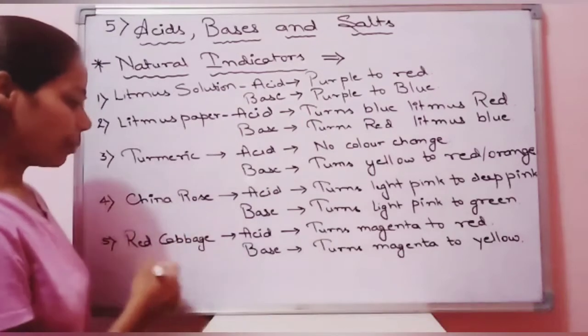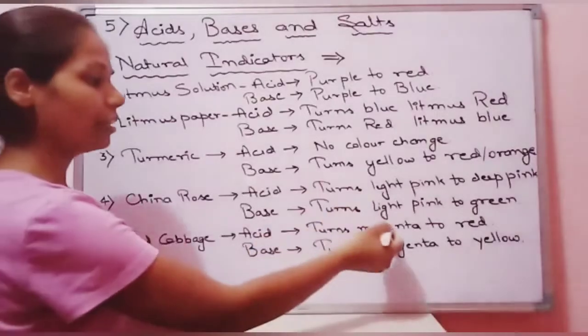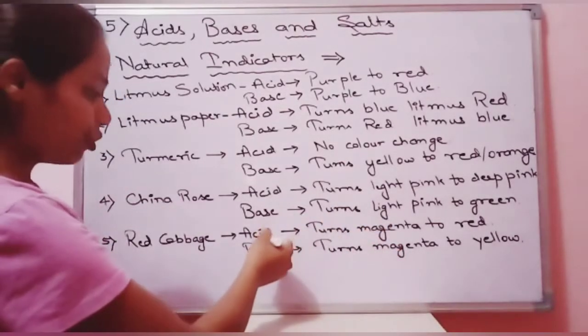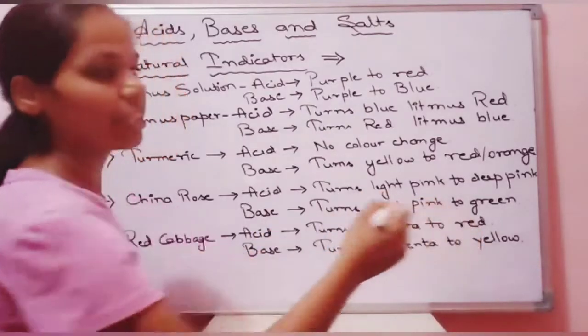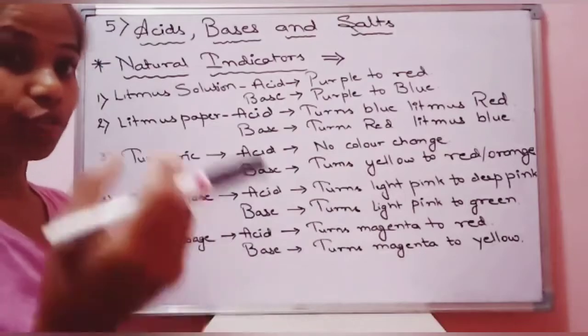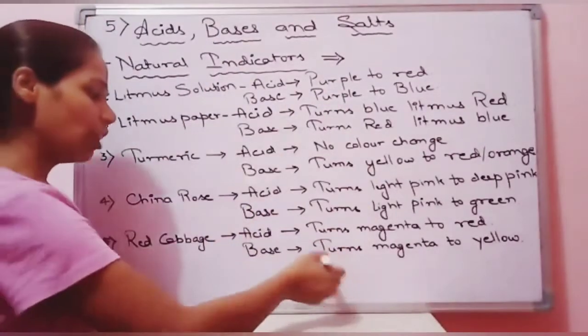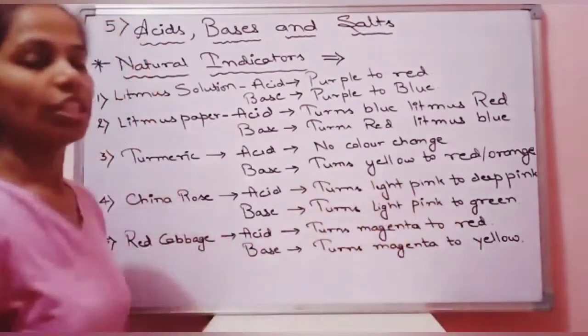Similarly, red cabbage is also used as an indicator, which has a magenta color solution. Okay, if you mix it in some acidic solution, children, it will turn red, which shows the presence of acidic content in the given sample. Similarly, if you mix it with a basic solution, it will turn yellow.